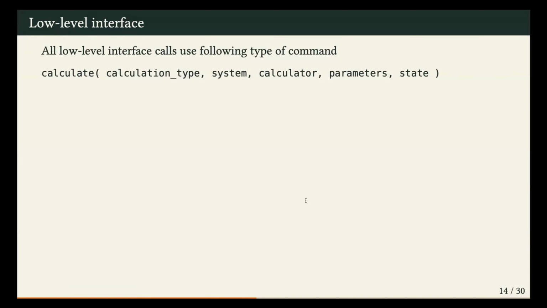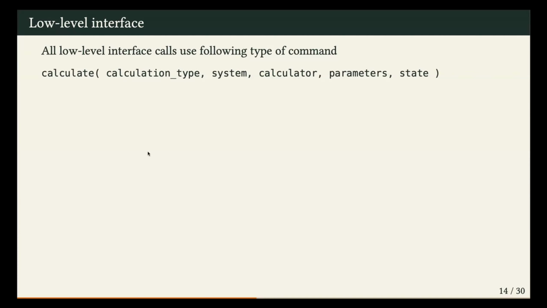Of course, we could even have a molecular dynamics integrator as a calculation type, and then that would move the system in time for a certain duration, and so on. So there's lots of flexibility.